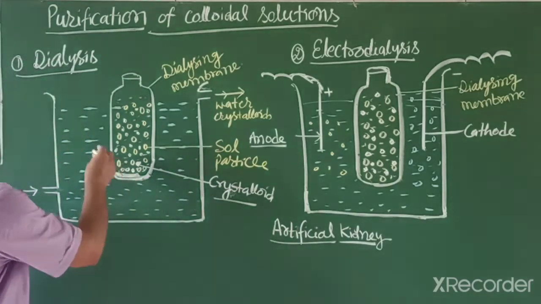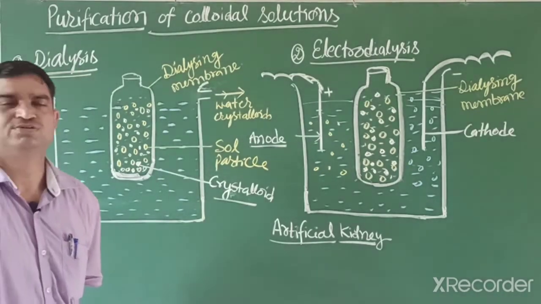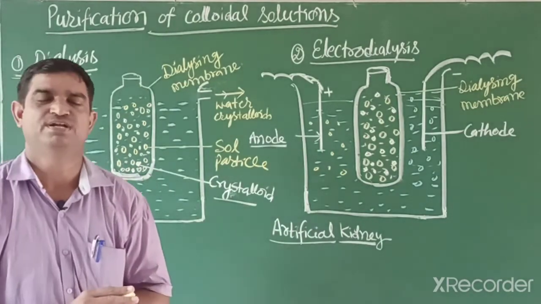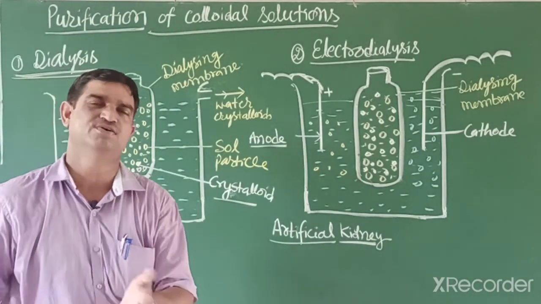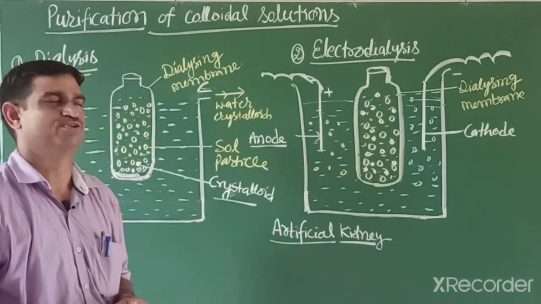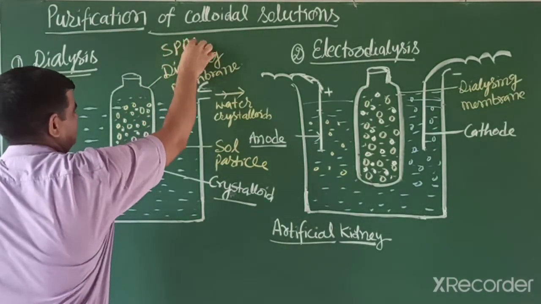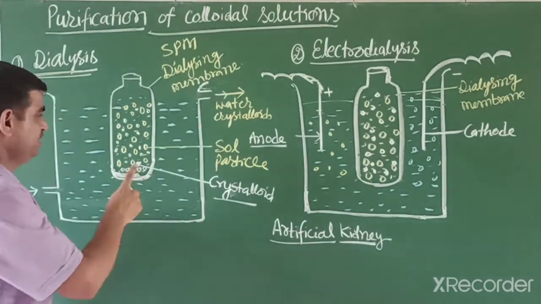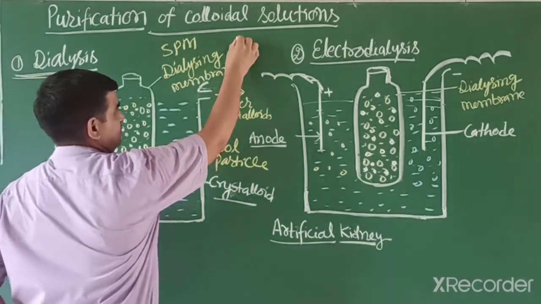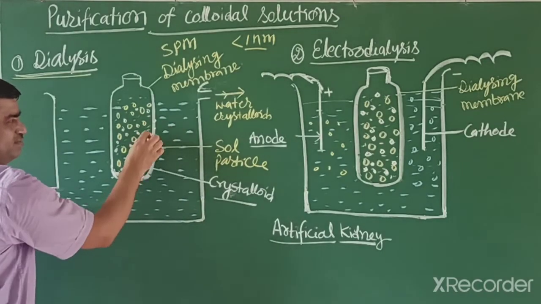So the first method of purification of colloids is known as dialysis. According to this method, we take a semi-permeable membrane, such as parchment membrane or cellophane membrane. These days, the urinary bladder of animals is also available and can be used for that process. Through this dialyzing membrane, only solute particles with size less than 1 nanometer can pass. They can easily move through this membrane.